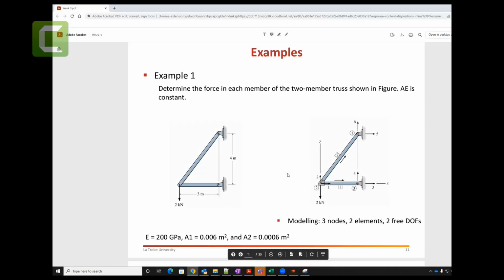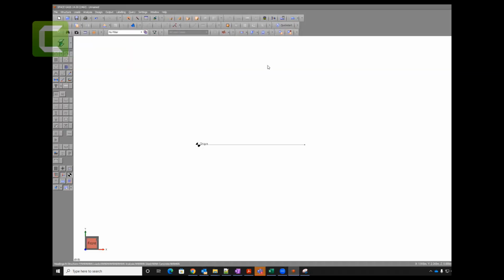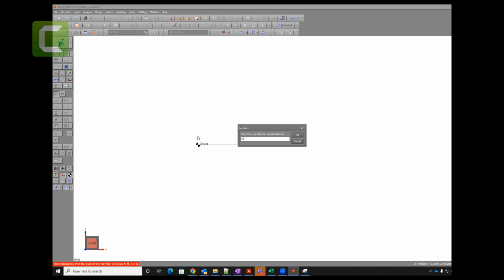The second member is going from this point, which is 0, 0, to this point, which would be 3 across and 4 up. So the coordinate here would be 3, 4. So let's draw that once. From this point, we are going here. Draw members. Put the 0 on the keyboard.